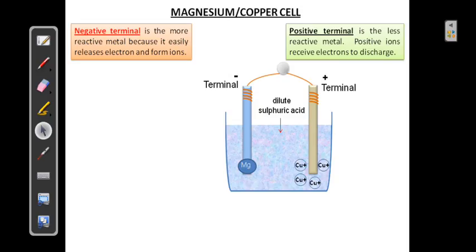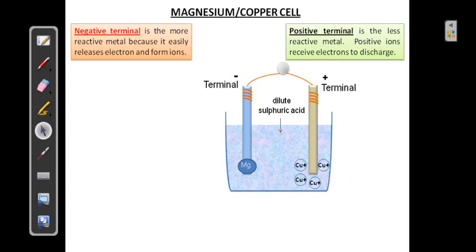So this is the diagram, and you look, we have a magnesium terminal, the anode, at the negative terminal, whereas in the solution we have the copper 2 sulfate, and we have these copper ions.